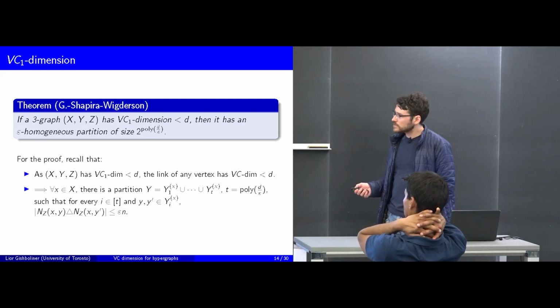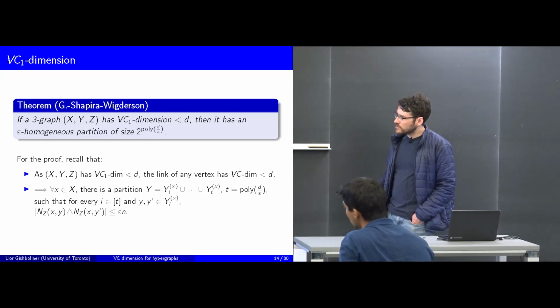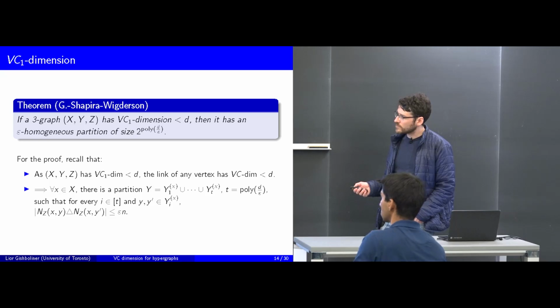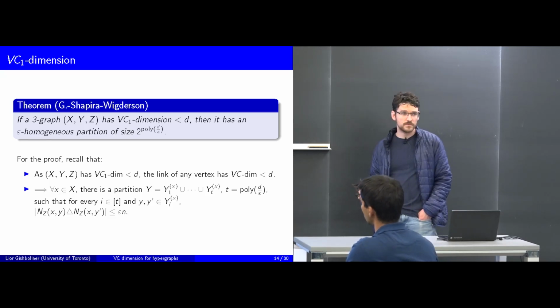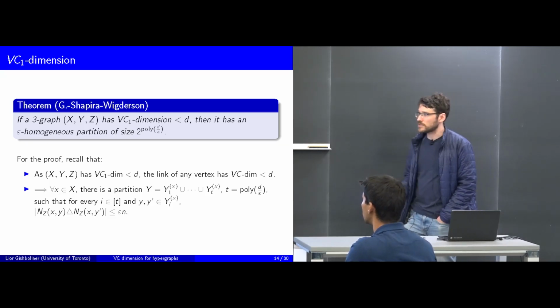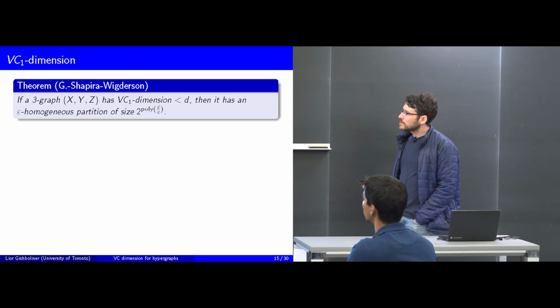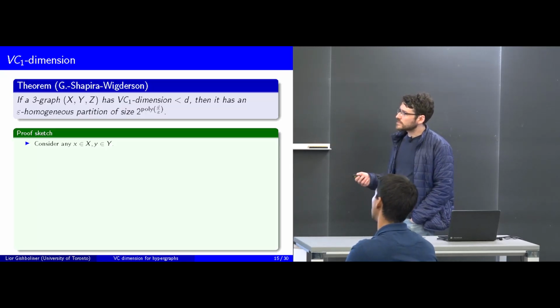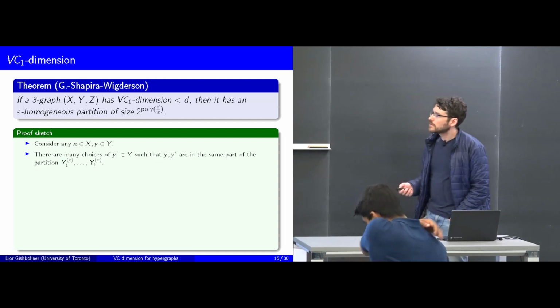What it means is that the neighborhood in z of xy versus the neighborhood of xy prime is almost the same thing. OK, so this is the property that I'll use. So here's the proof. So consider any x in x and y in y.